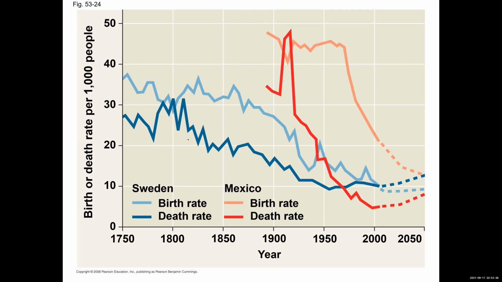All right, what we see in Mexico is different because of their different history. We don't even have data from further back, but we see that their birth rate's higher, right? But their death rate is also high, right? So their birth rates and death rates are both higher than in Sweden.